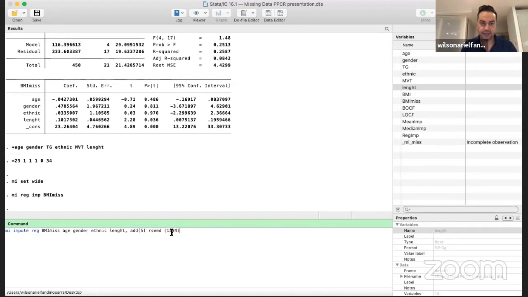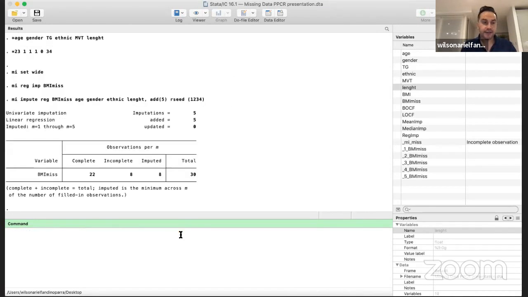In this case, I'm going to say 1, 2, 3, 4. So you are going to have the same estimators that you had before logging out from Stata. As I say, this is not as important as defining the number of the data sets, and you just need to click enter, and then you had imputed, as Stata said here, you have imputed four observations here. So let's have a look here what happened.